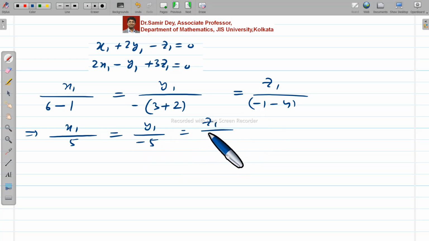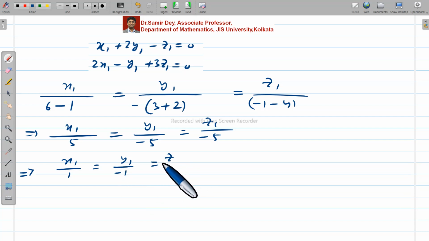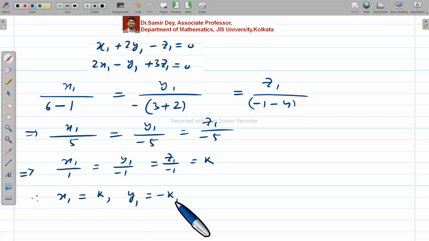Ultimately it is coming x1 by 5 is equals to y1 by minus 5 is equals to z1 by minus 5. It is basically a ratio, all 5 are common, so you may write x1 by 1, y1 by minus 1, z1 by minus 1 is equals to k. So from here you may write x1 is equals to k, y1 is equals to minus k, z1 is equals to minus k. Clear?